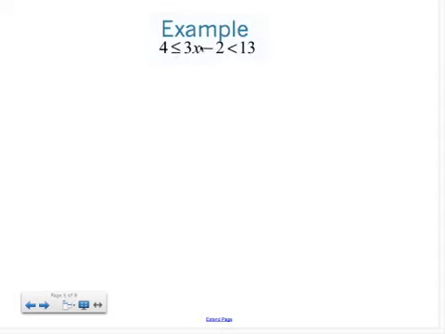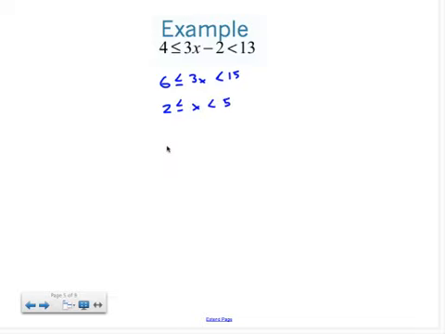This is a compound linear inequality. There are 3 quote-unquote sections to it. You could break this up into 2 separate inequalities, or we can just treat this together. I'm going to treat it together. So to isolate x, I want to add 2 to all 3 pieces in this case. I don't want to call them sides. So all 3 pieces of the inequality. And then I will divide all 3 pieces by 3, which gives me 2 is less than or equal to x, which is less than 5.